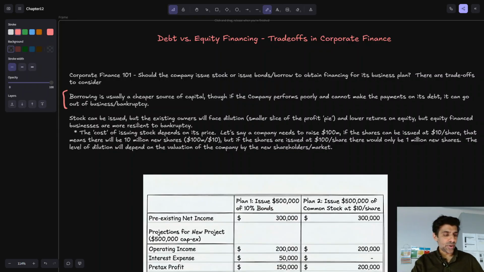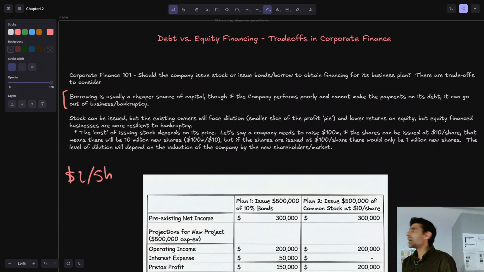So let's say your company earns $2 per share. If you're issuing shares for $5 each, then it's quite a high cost. It's like 40%. You're having to share $2 of earnings, and you're only getting $5 back. So you're actually selling the earnings for very little.